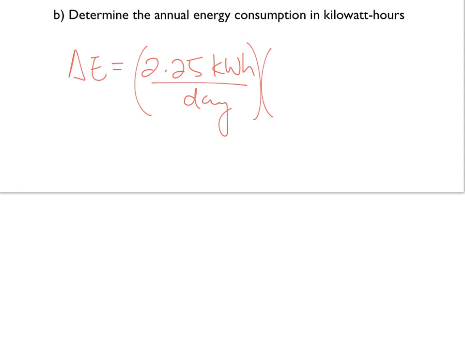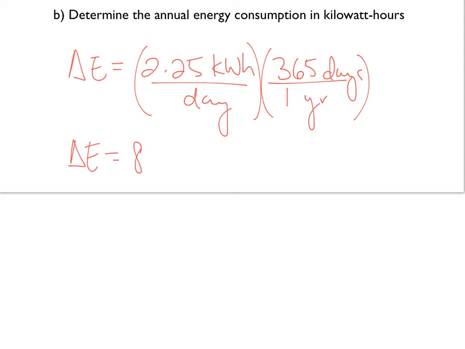So to convert that to year, we know we want the top to cancel out, so we have 1 year on the bottom. And how many days is that? 365 days. I know it's 365.25, I'm just going to use 365. And that gives you 821.25 kilowatt hours per year.